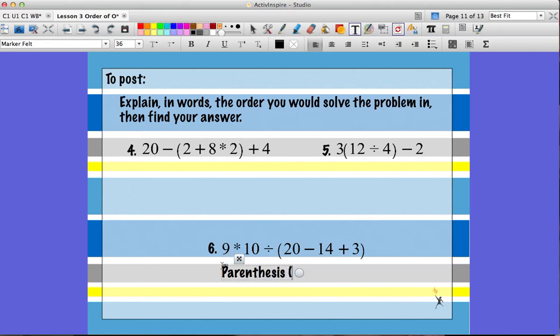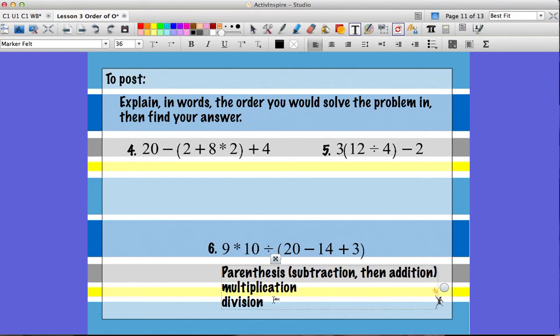Okay, and then inside those parentheses, I would first have to do subtraction, then addition. The next thing I would need to do is multiplication, because that comes first, and then division.